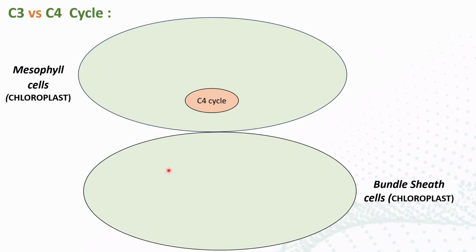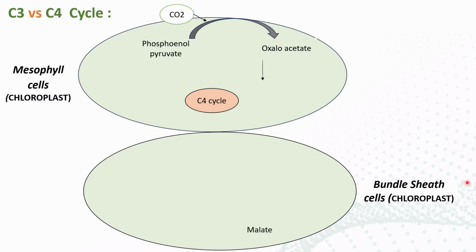So here the C4 cycle occurs in both of the cells. How it takes place, we'll see. First of all, as we learned in the first step, phosphoenol pyruvate, with the help of the carbon dioxide that is released into the mesophyll cells, is converted into oxaloacetate molecules. So this is the first step that occurs in the C4 pathway of mesophyll cells.